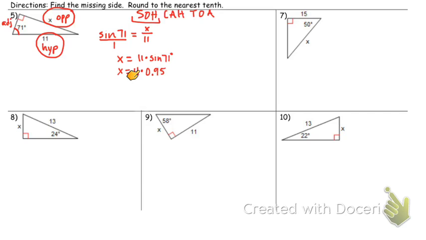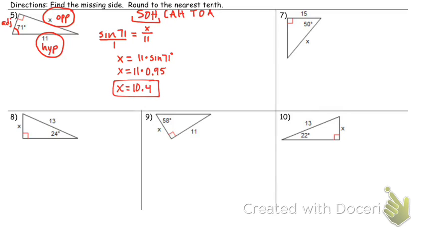Okay, now I can multiply these two together. Again, if you didn't get 0.95, make sure you're putting sine of 71 correctly, and make sure your calculator is in degrees. Okay, so 0.95 times 11. And we get x equal to 10.4. And this would be your decimal answer.